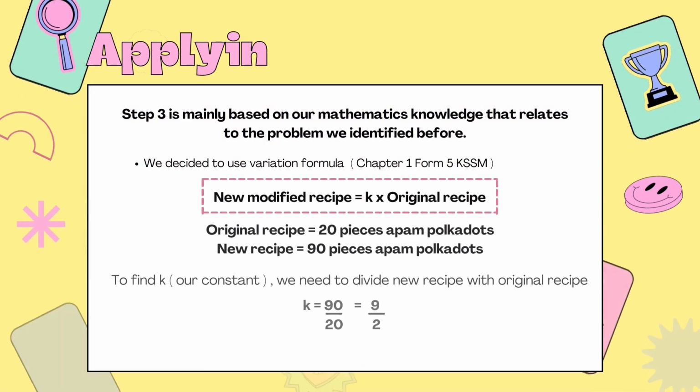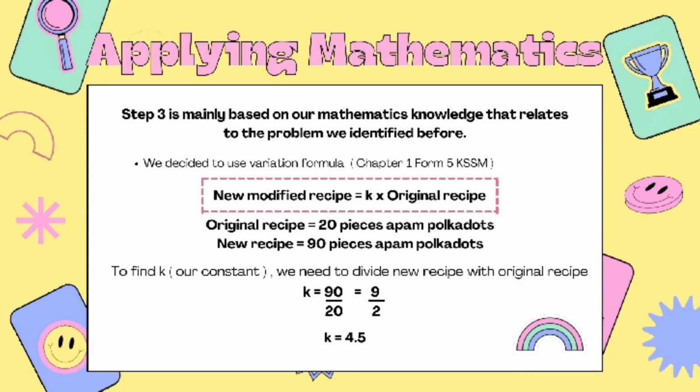Step 3 is mainly based on our mathematics knowledge that relates to the problem we identified before. In this situation, there is a simple step which includes a variation formula from Chapter 1 Form 5 to modify the recipe for 90 pieces of appam polka dots. The new modified recipe is equal to K multiplied by original recipe.